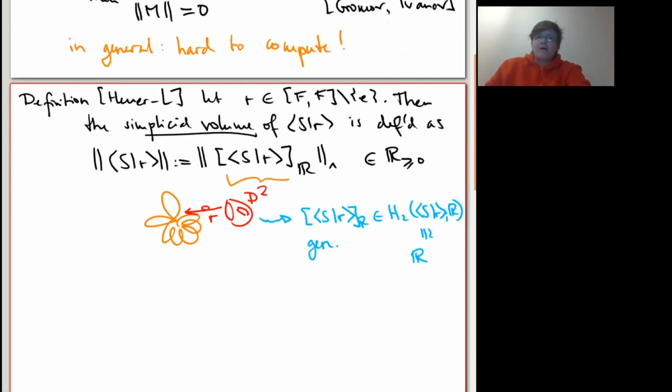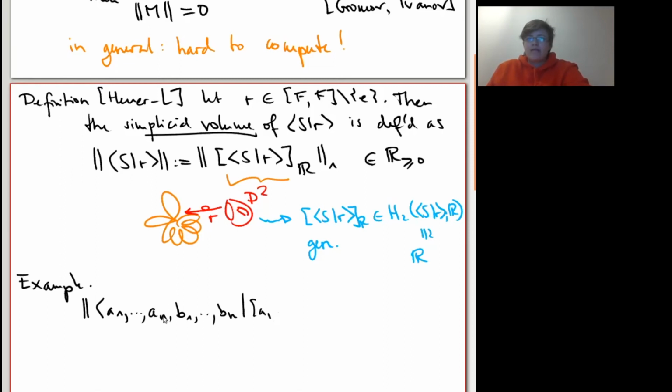Okay. And the key example that we have in this situation, of course, again, is the surface group case, right? So if we look at the surface group case, we have generators A1 up to AN and B1 up to BN. And as a single relator, we have this product of commutators.